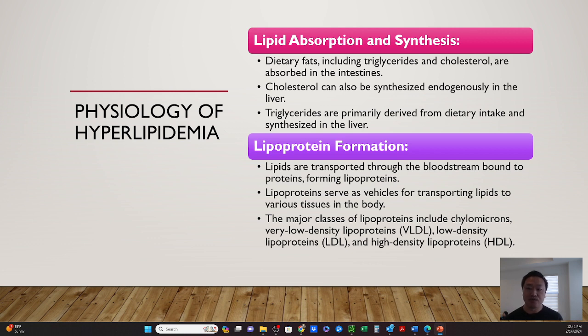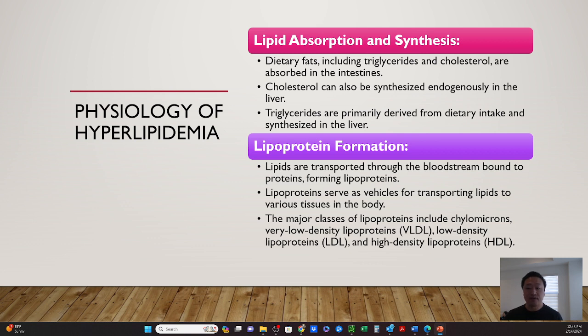Dietary fats, including triglycerides and cholesterol, are absorbed in the intestines, and then the cholesterol can be synthesized in the liver, and the triglycerides are primarily derived from dietary intake and stored in the liver.